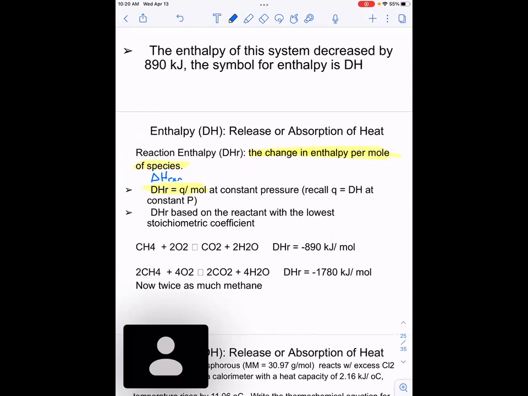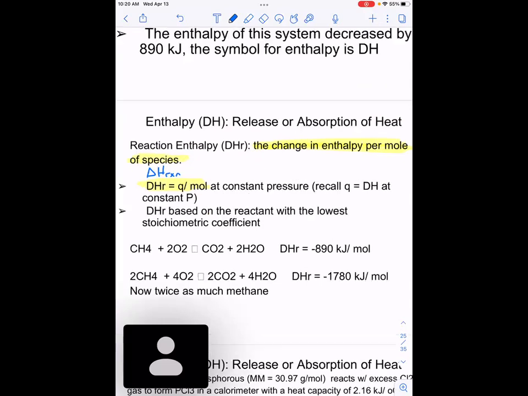So let me write that down here. So it's based on the limiting reactant.